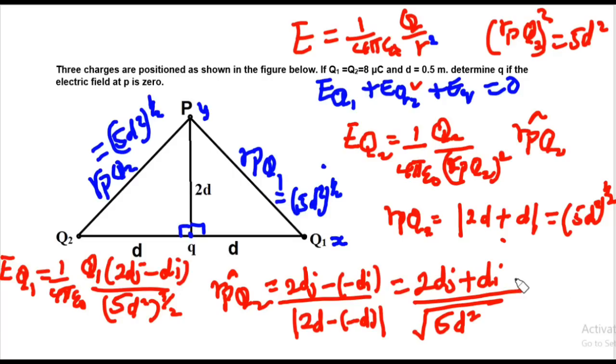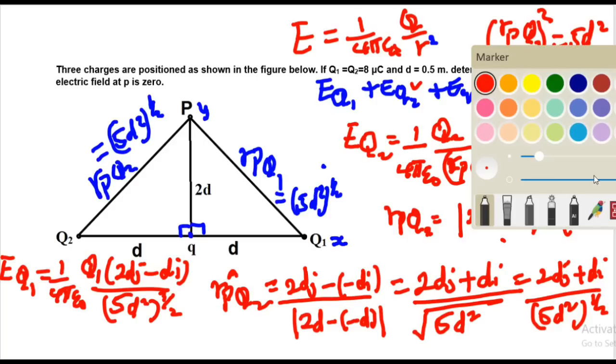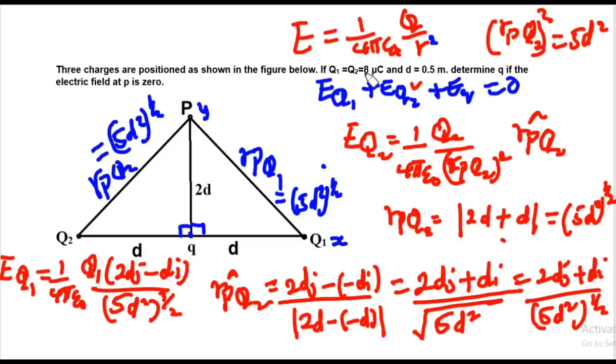So this can be written as 2DG plus DI upon 5D square to the power of half.